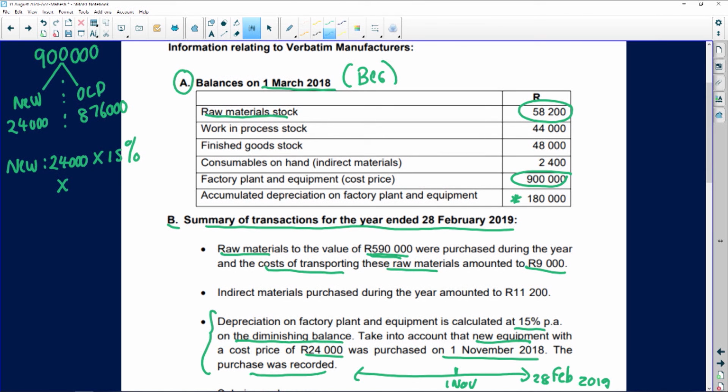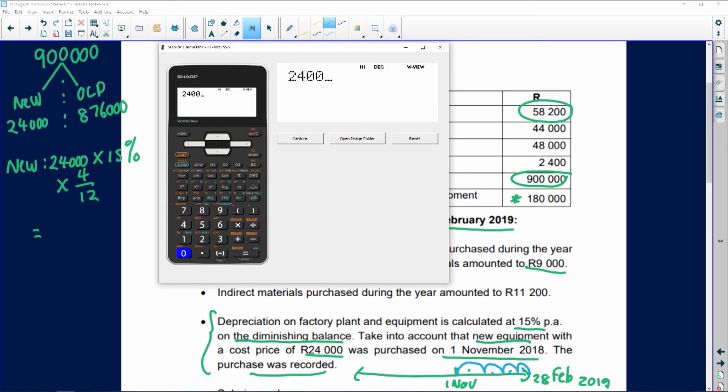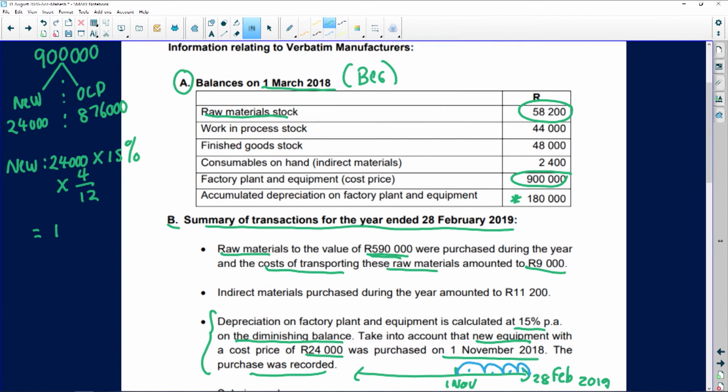So I've owned this for the month of November, December, January, and February. So I'm going to depreciate it for 1, 2, 3, 4 months. So times 4 over 12. Right, you guys work with me. $24,000 times 15% times 4 divided by 12, and that gives me an amount of 1,200. Okay. Right, new calculated. Now let's look at old.